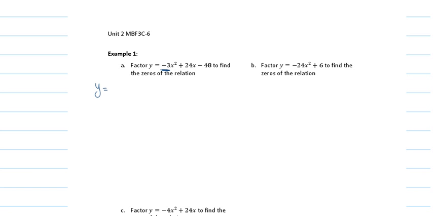If I factor out the negative 3, I'm going to end up dividing everything by negative 3. I'll end up with this.